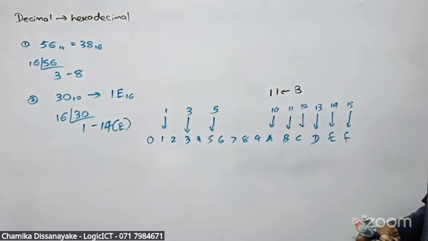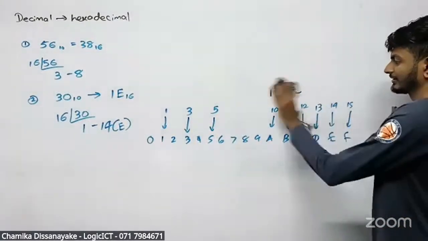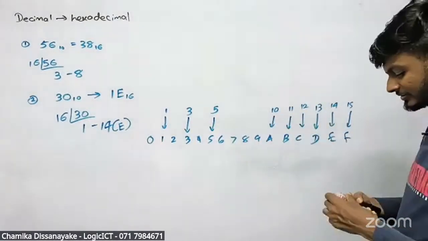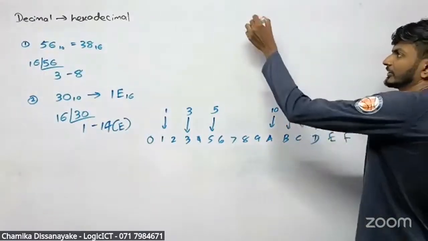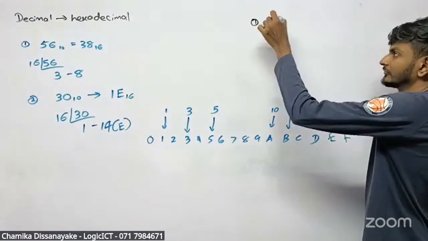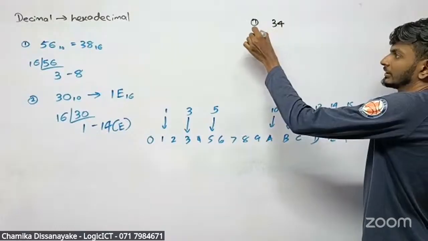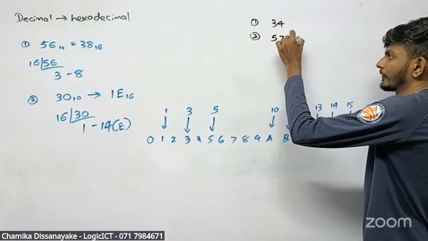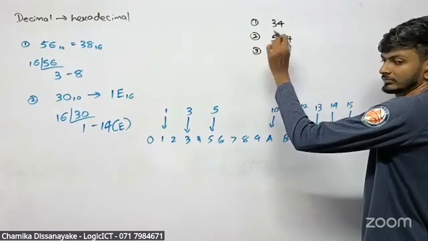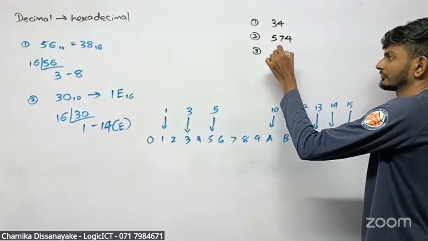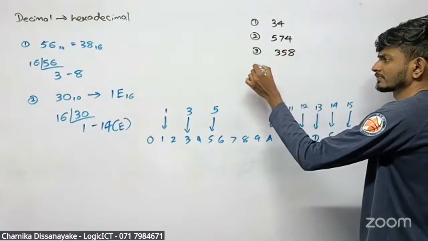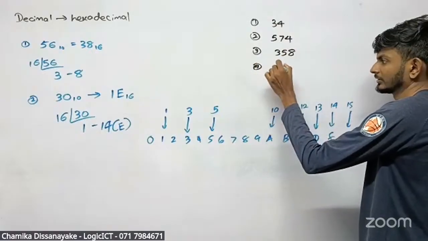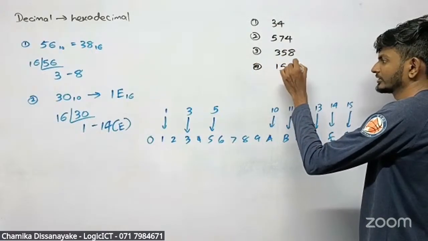Let's see. Homeworks. What are the homeworks? The first one, 34. The second one, 574. Third one, 358. Fourth one, 1548.